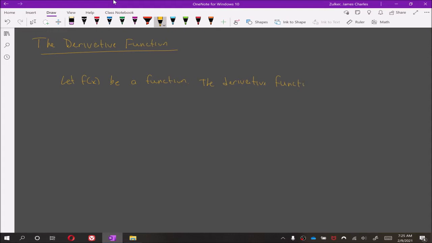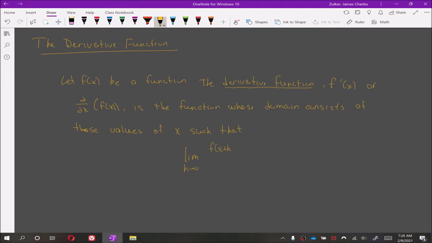The derivative function, which is denoted as f prime of x, or d dx of f of x, is the function whose domain consists of those values of x such that this limit exists.